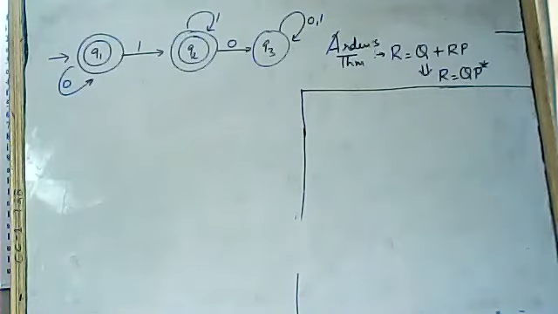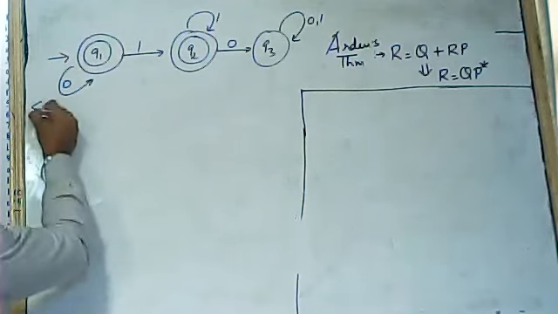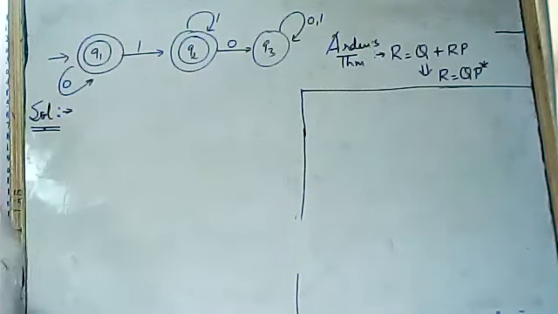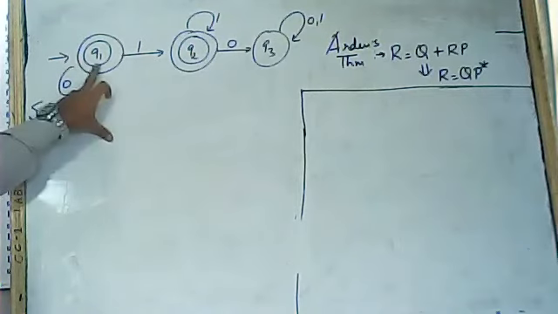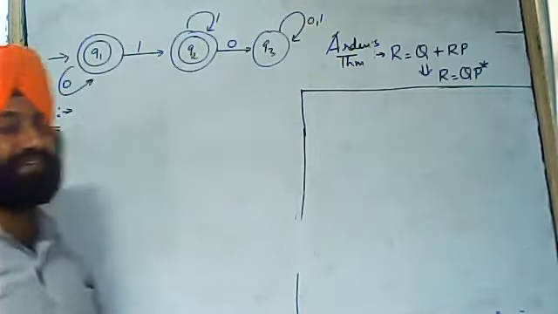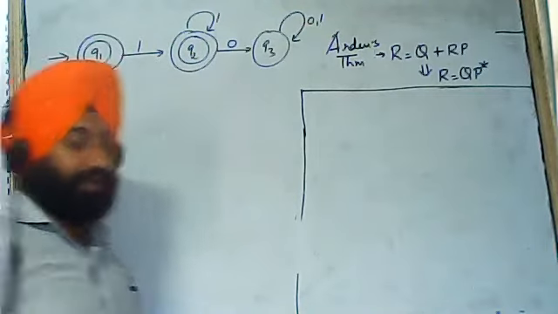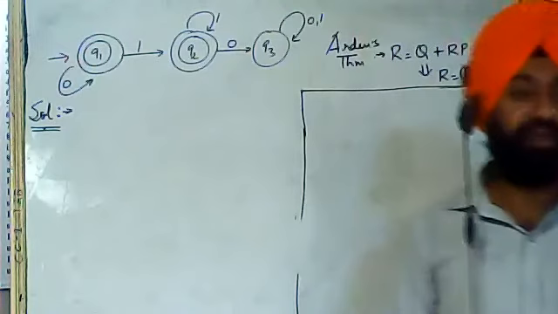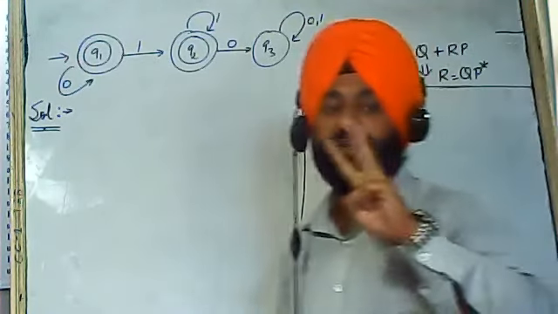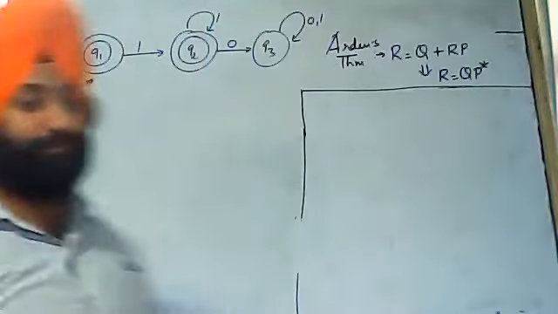So again, find out the regular expression. The question is to find out the regular expression. So here your final answer will be in the form of Q1 plus Q2, because two final states are there. But again, you need to write 3 equations for this, right?